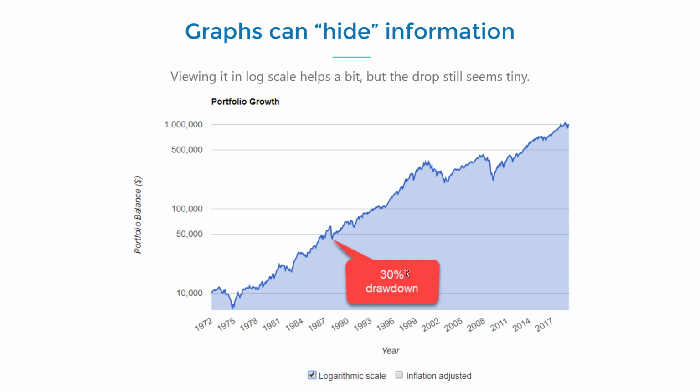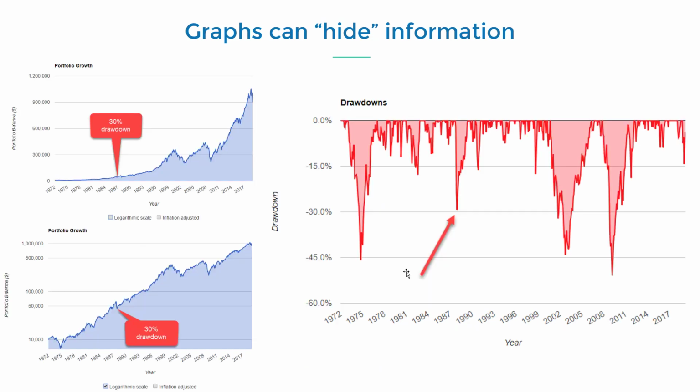But remember that the key thing that you want to do, I think I've got that on the next slide, yeah. So the key thing is that, if we recap, this is linear scale, very, very tough to see anything whatsoever going back in history. This is log scale, much easier to visually see it, but by far, the best thing is looking at a drawdown graph. Okay? It doesn't take a rocket science degree to basically say, how deep is this thing here?